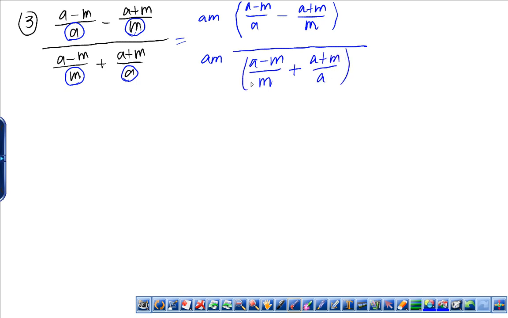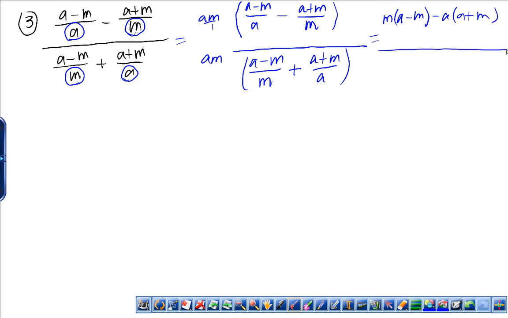simplify. If I multiply am times this first one, this is like over 1, your a's cancel out. I'm left with an m times a minus m. Minus am times this, your m's cancel out, leaving you with an a times a plus m.